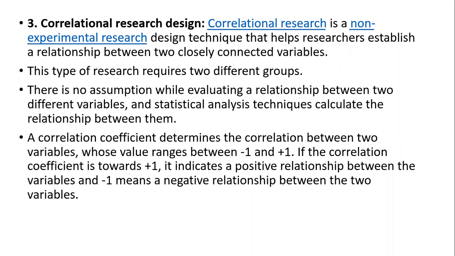A correlation coefficient determines the correlation between two variables, whose value ranges between -1 and +1. If the correlation coefficient is toward +1, it indicates a positive relationship between the variables, and -1 means a negative relationship between the two variables.